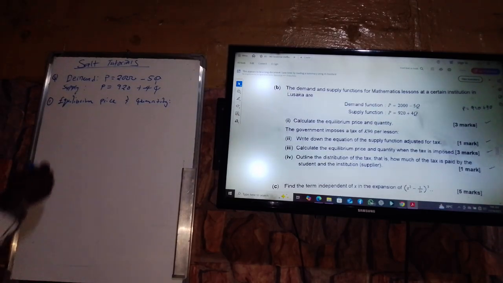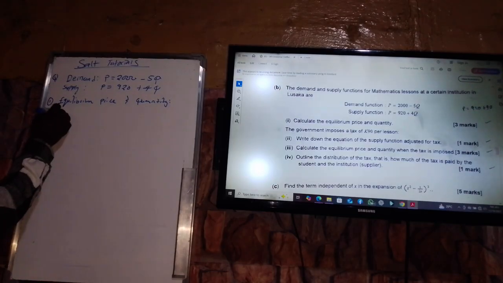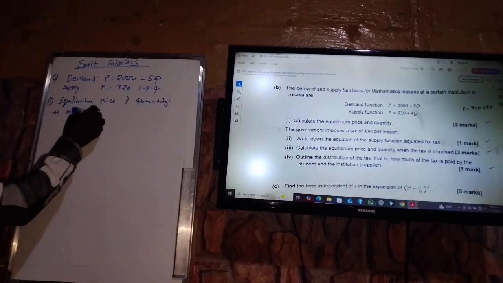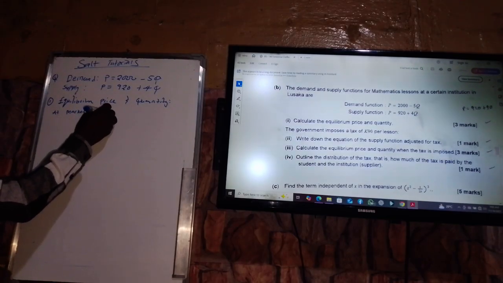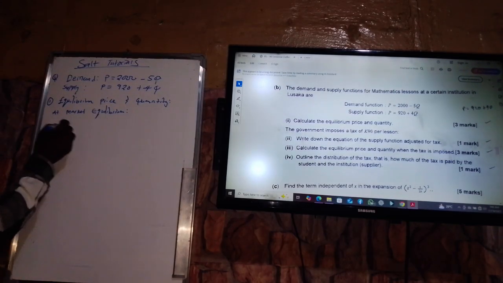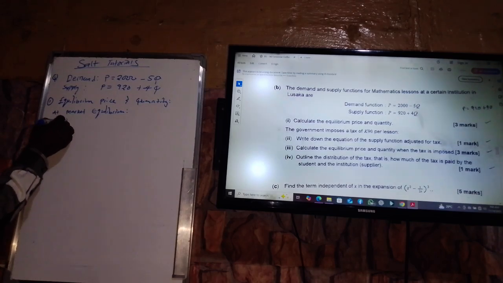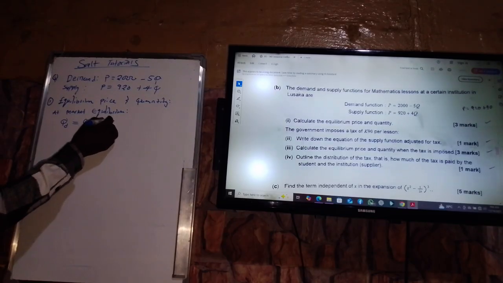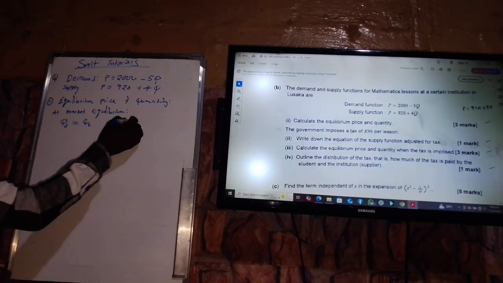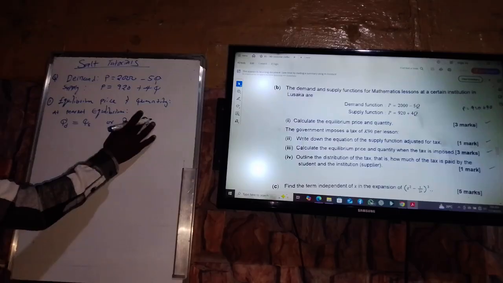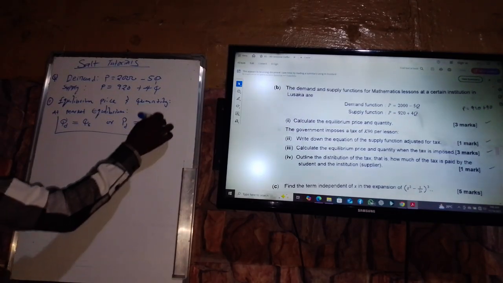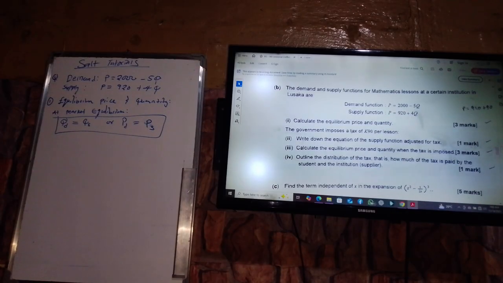The concept here is that at market equilibrium, the quantity of demand should always be equal to the quantity of supply, or we can simply say the price of demand should always be equal to the price of supply. This is an equilibrium condition which we always use when we are at the market equilibrium.